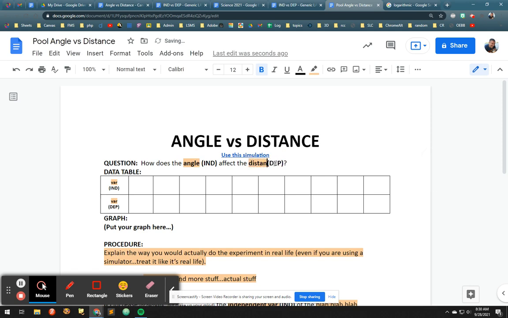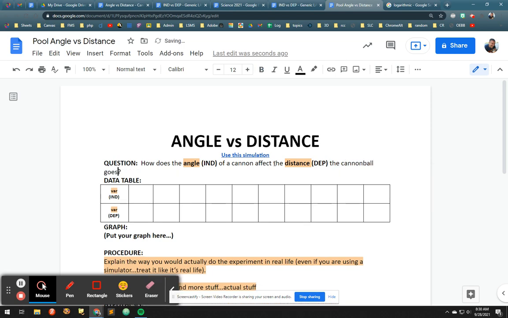How does the angle of a cannon affect the distance the cannonball goes? And I want that not capped or not bold, so cannonball goes.